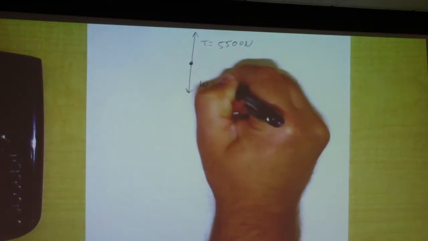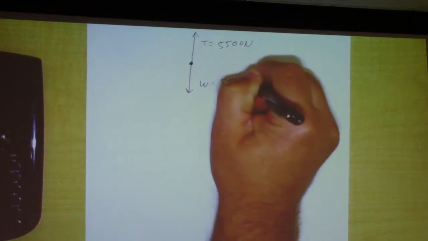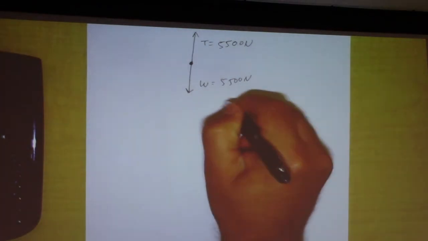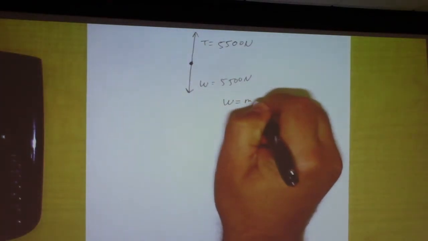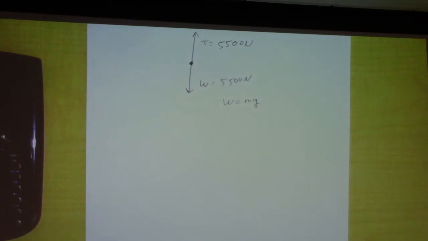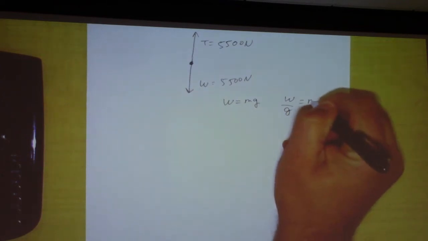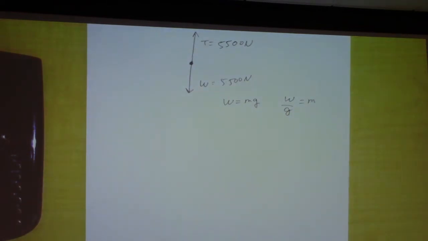So the weight is also 5,500 newtons. One other thing that we know about this is kind of a new part. We can get the mass from this if we wanted to. So the weight is m times g. So if you take the weight divided by g, that will give you the mass. Okay, that's just a little bit more information.